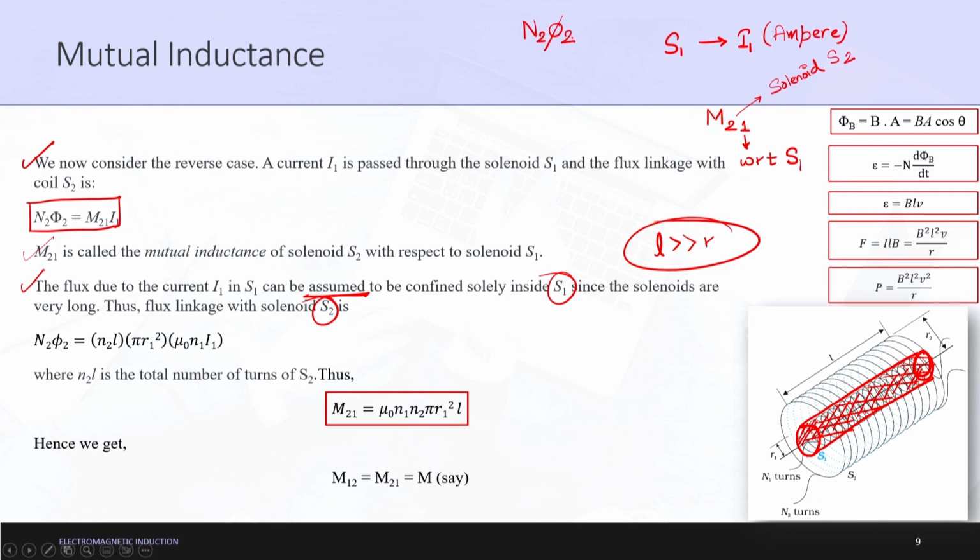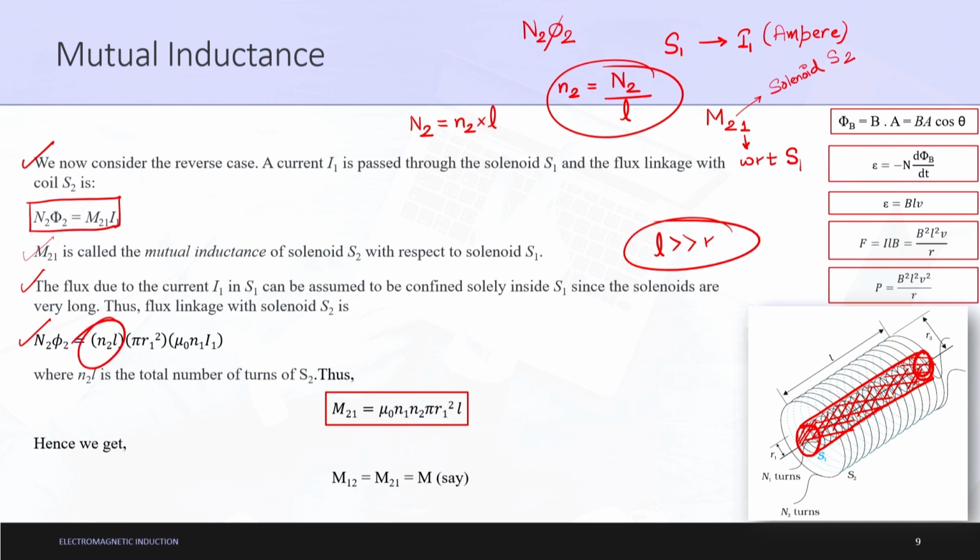Moving on, the flux linkage N2 phi 2 is equal to N2 L. In the last lecture I told you that small n2 is the number of turns in that particular coil per unit length. Rearranging, capital N2 is equal to small n2 multiplied by L, which is written here. Phi is nothing but, from this formula also, B into A.